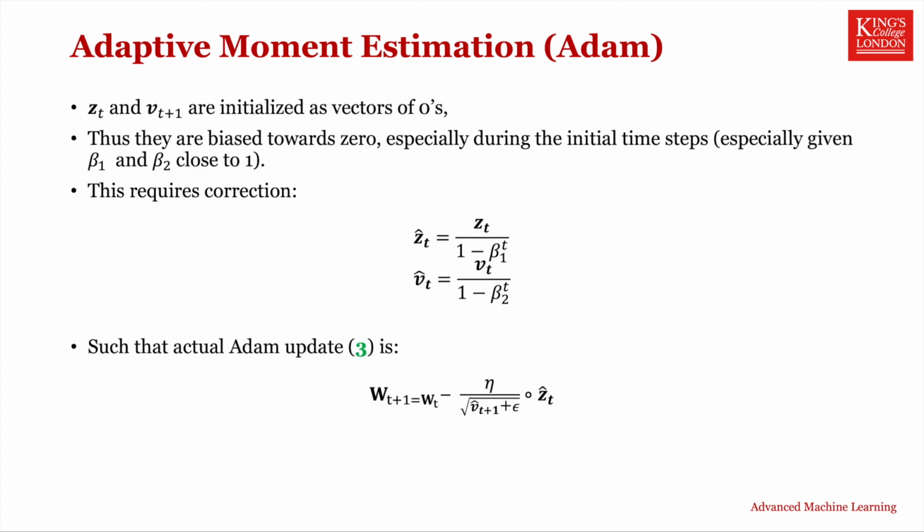ADAM does, however, also make another slight adjustment with respect to the previous algorithms, since for these, Z and V are initialized to 0, and this technically means that they're biased towards 0, particularly at the beginning of the optimization. So the ADAM method corrects for this bias by adjusting Z and V in the following way, such that the actual update is as follows.